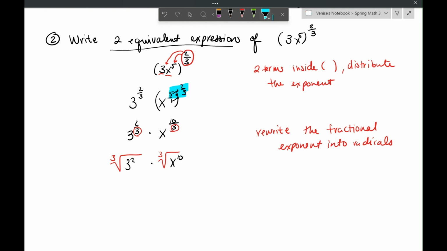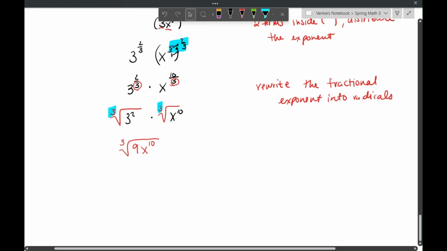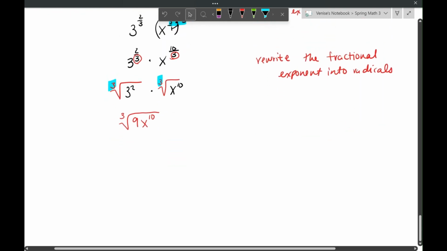Since they both have the same index, you can combine them under the same radical. So here's one solution. Cube root of 3 squared, which is the same thing as 9, and x to the 10. Okay, that's one answer done.